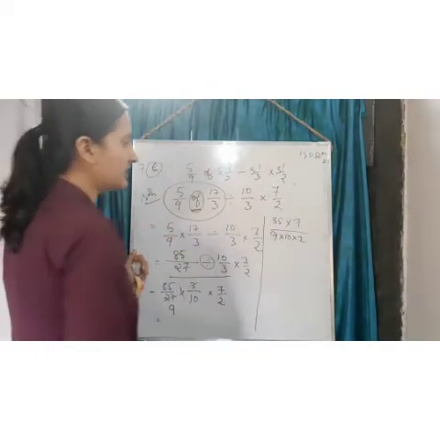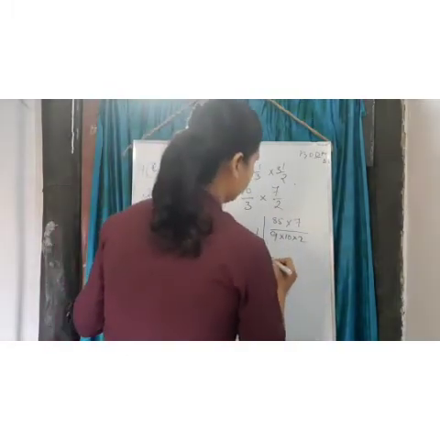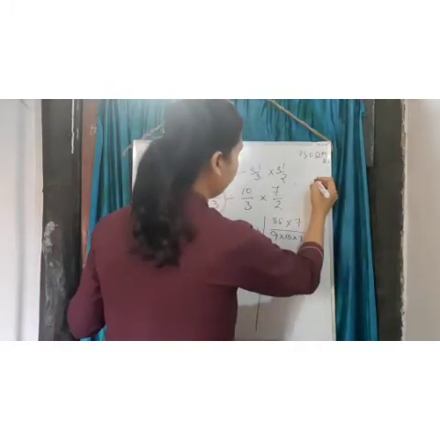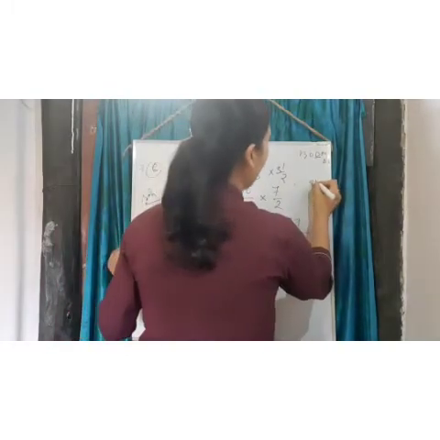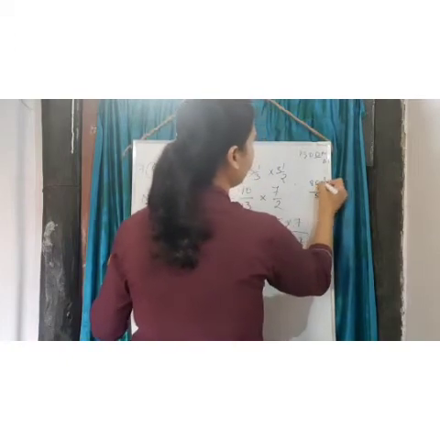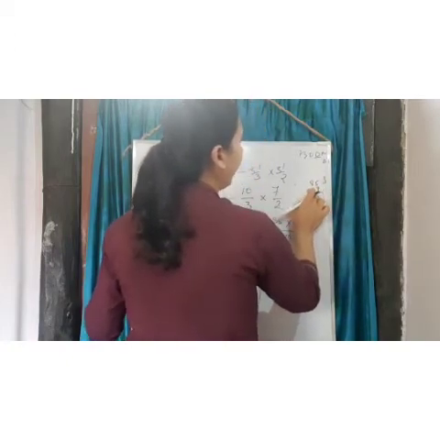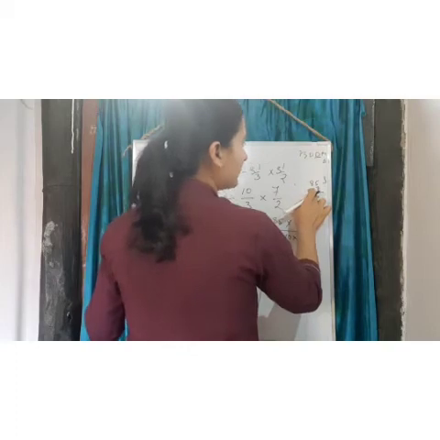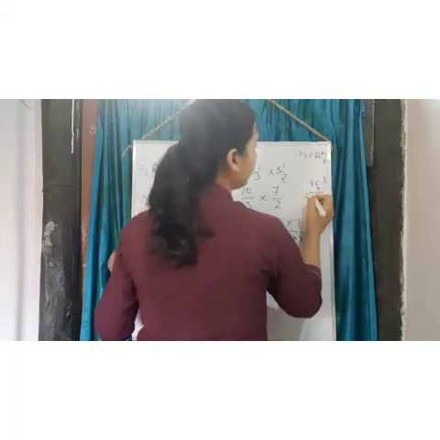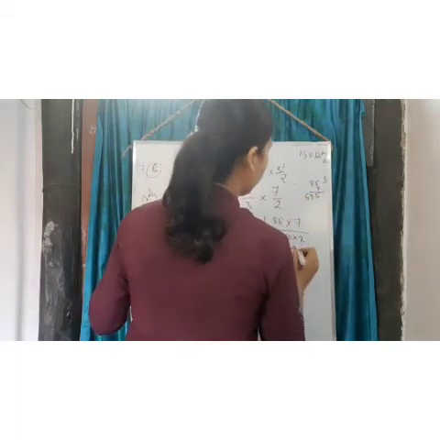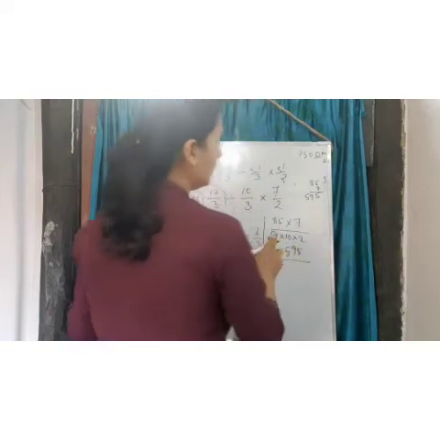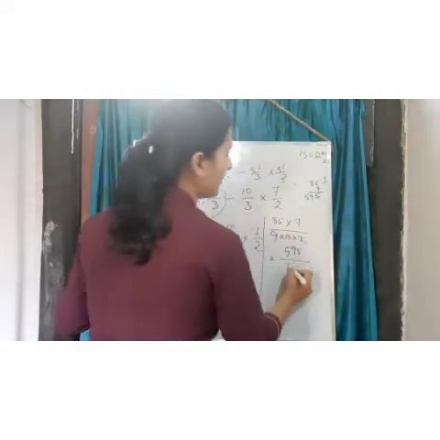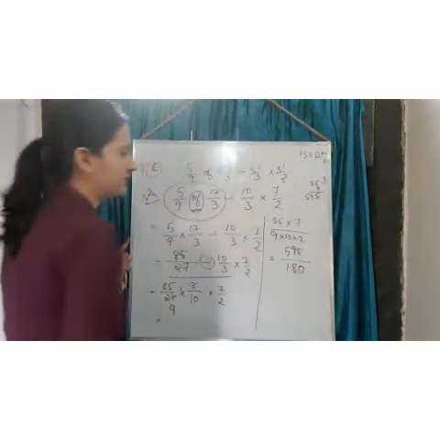Let us multiply all this. 85 times 7, how much will it be? 7 5s are 35, carry 3, then 8 7s are 56, 56 plus 3 is 59, so 595/9 times 10 is 90, times 2 is 180.